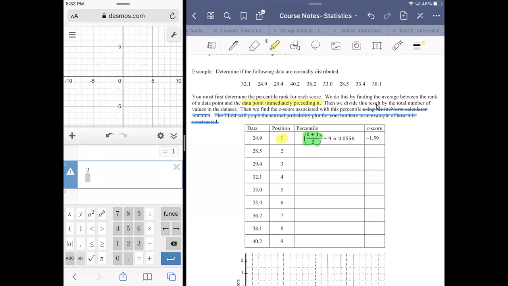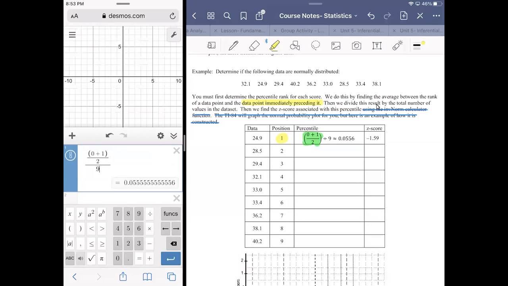Well, we know that's going to be 1/2, but let me just do it all in one shot. So 0 plus 1 divided by 2. And just to show you, that's your 0.5. But if I go back in, I also want to divide that by 9. That's where that first entry is going to come from, right?